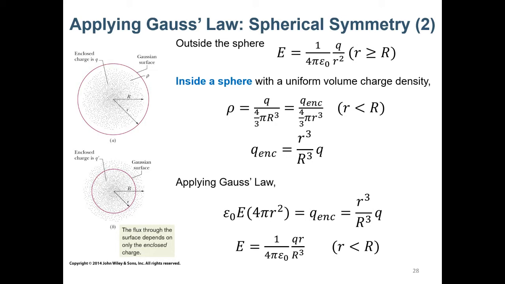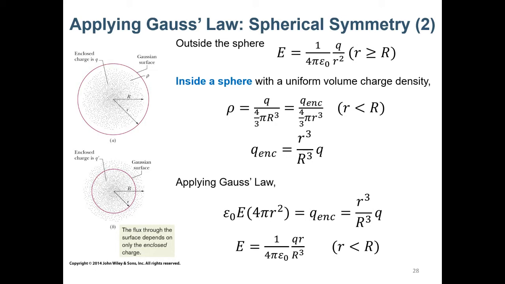As we assume that the charge density is uniform over the whole sphere, rho is nothing but the total charge divided by the total volume, 4/3 pi R cubed. And it should also be equal to Q enclosed over 4/3 pi small r cubed, because rho should be the same for the smaller sphere and the larger sphere, for the whole sphere.